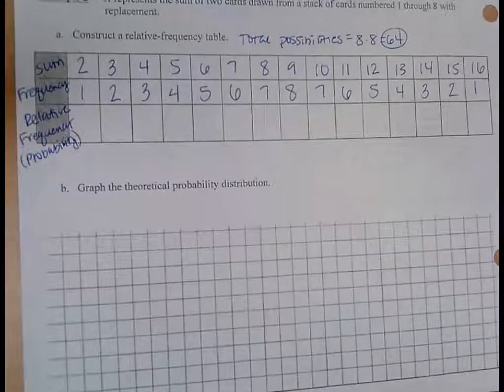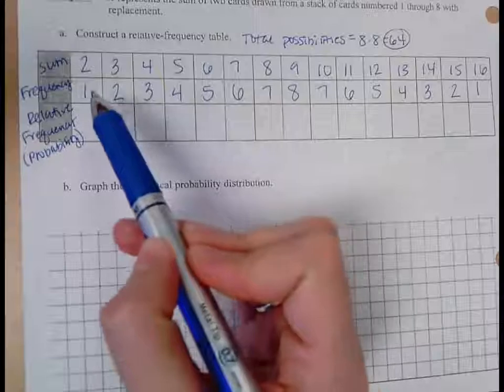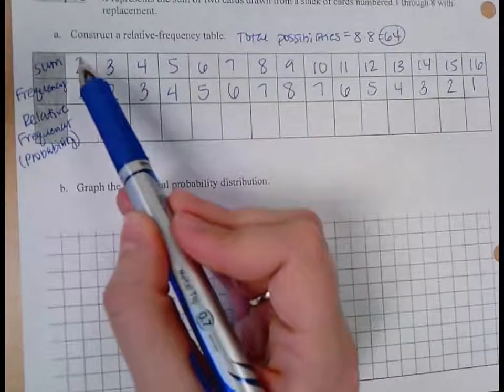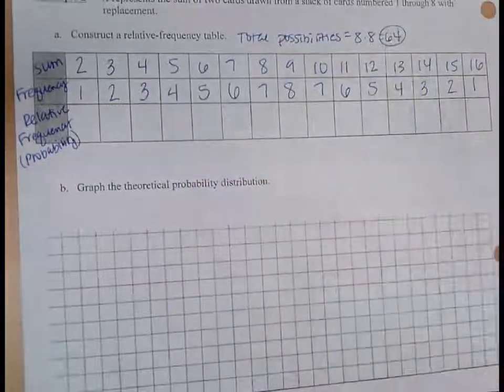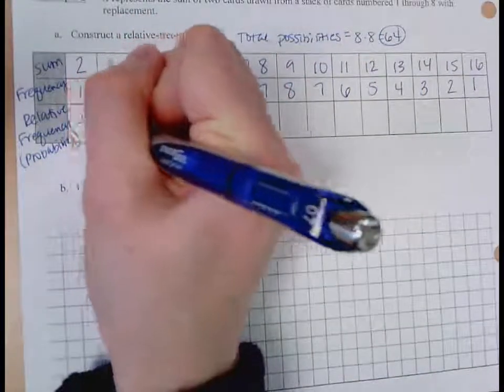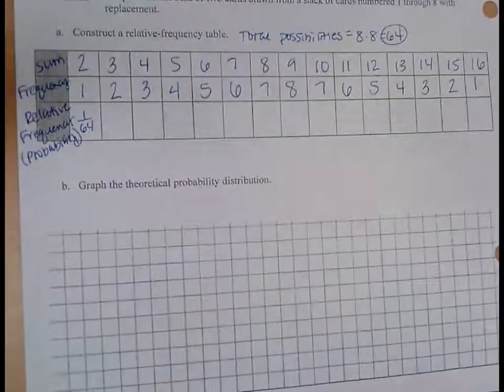And probability is always the frequency, or how many times did it occur out of the total number of possibilities. So for the sum of 2, that probability would be a frequency 1 out of 64. So 1/64th is the probability.